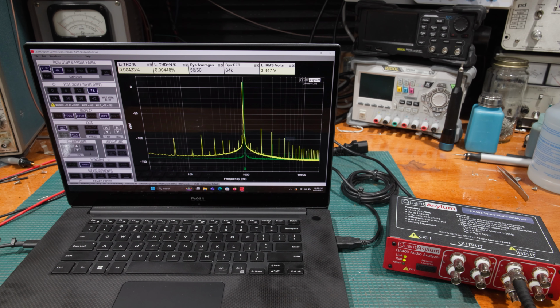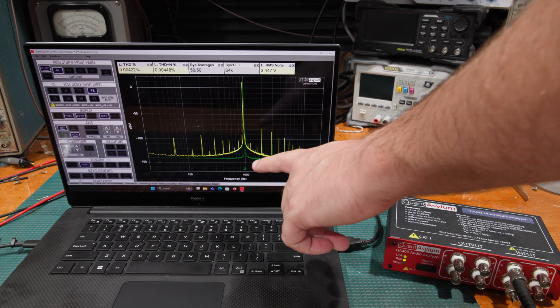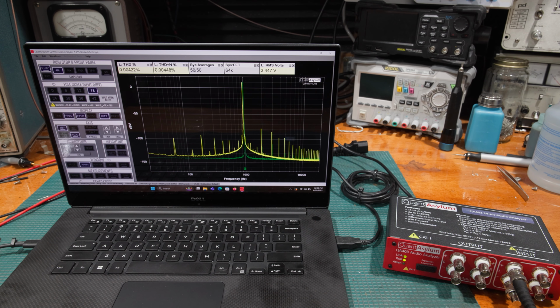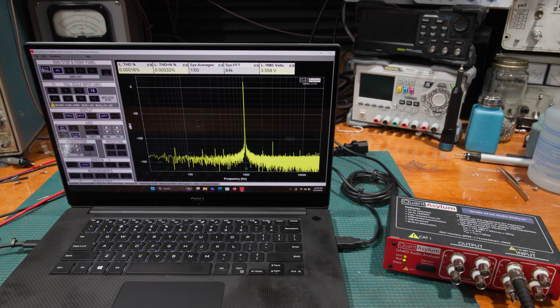We have quite a few harmonics falling out to the end, but overall not bad. We're measuring a 0.004% THD with a 0.00448% THD plus noise. So I got a little bit more noise, but THD and THD plus N are running pretty close together. Everything is looking better.